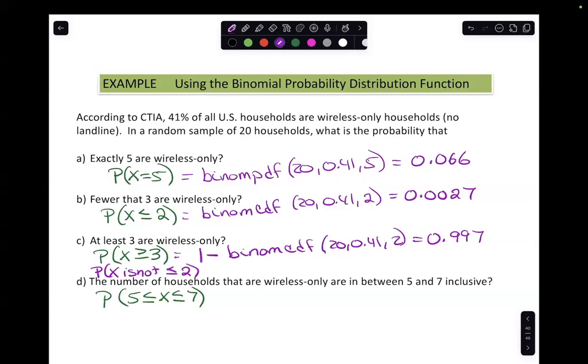So it's really important to think about what you're not including, and thinking about that the CDF is less than or equal to, not just less than. We do okay? I'm going to save D for a minute. Questions on A, B, or C before I move on to D?